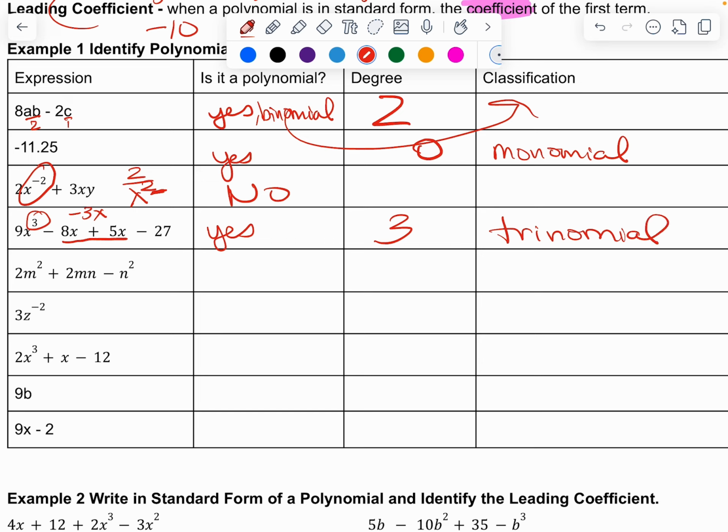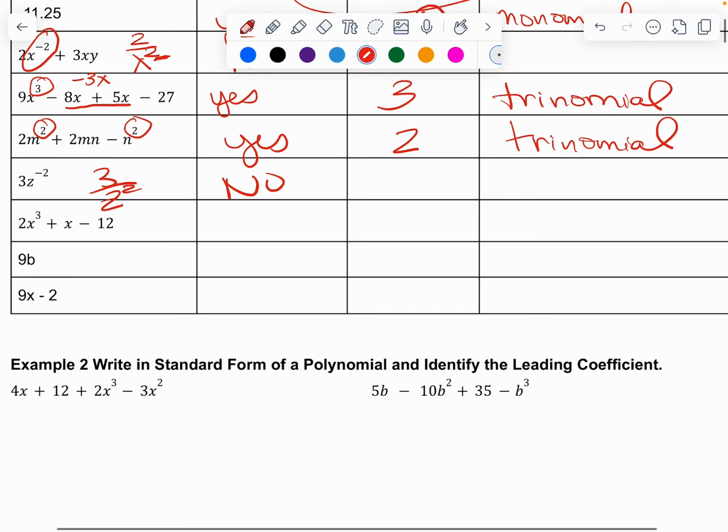This one, look at this, we have a squared, we have a squared. So yes, it is, the degree is 2, and this is a trinomial. Again, this is going to be 3 over z squared, so no. I look at this one, yes it is. It has a degree of 3, and it is a trinomial.